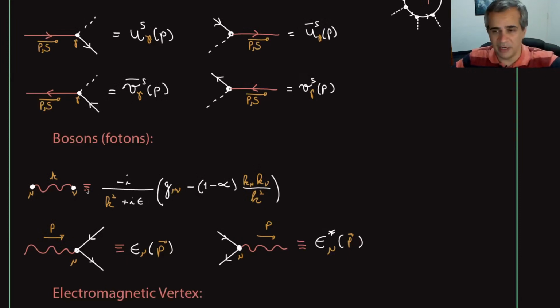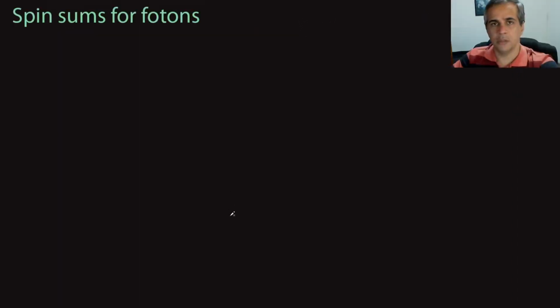The problem here is that since we keep our theory explicitly Lorentz invariant, there are unphysical polarizations in here, and we need to think a little bit about that. To make the issue more concrete, let me draw a generic QED diagram. This is just any connected diagram, one PI function here.